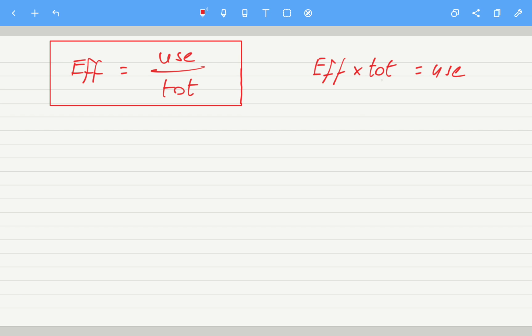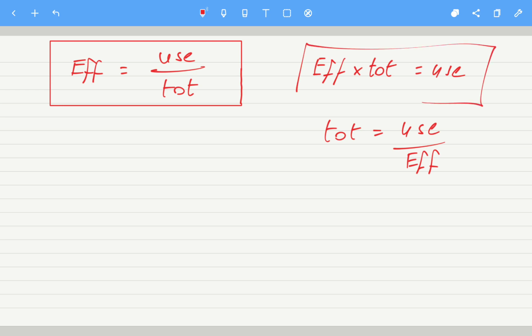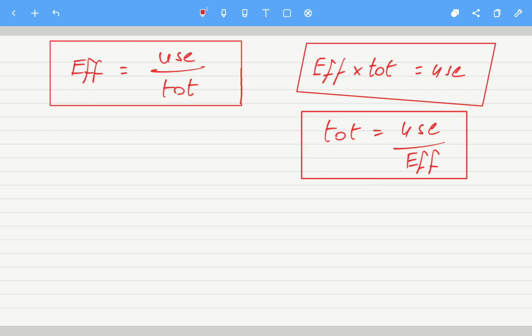And then to get the total, we need to get rid of a times efficiency, so the total would be equal to the useful divided by the efficiency as a decimal, not a percentage. So there's the three versions of the equation.